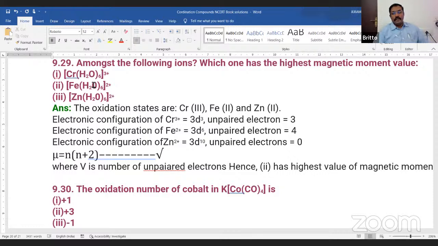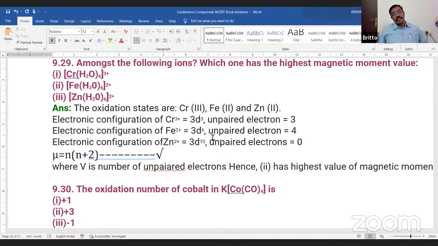If the donor atoms are nitrogen, carbon, or phosphorus, they are generally strong field. Now look at the electronic configuration. Just now we learned chromium 3 plus is 3d3, and Fe3 plus is 3d5, so Fe2 plus should be 3d6.